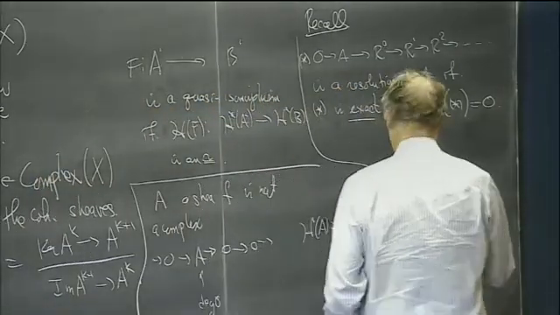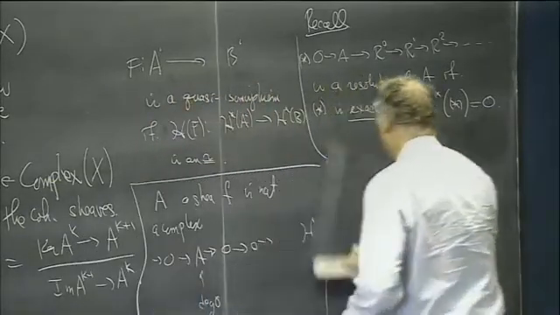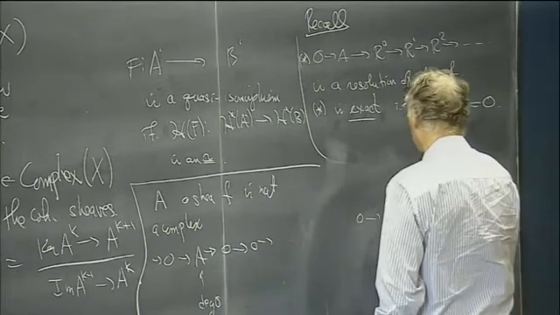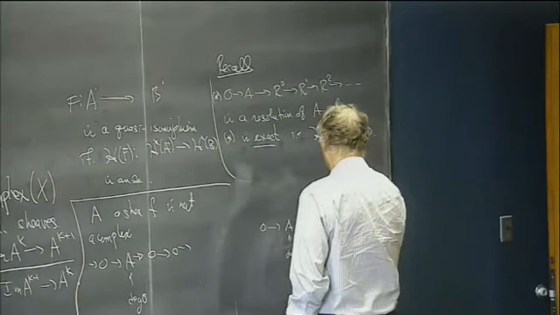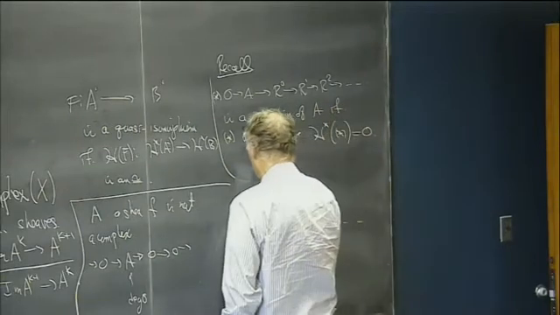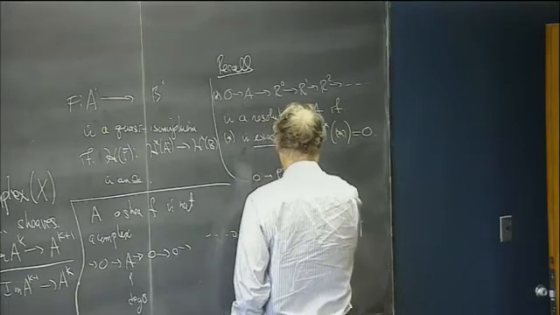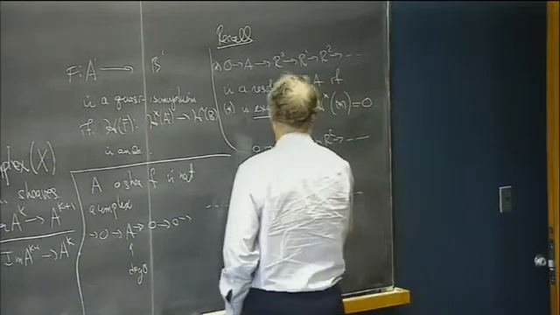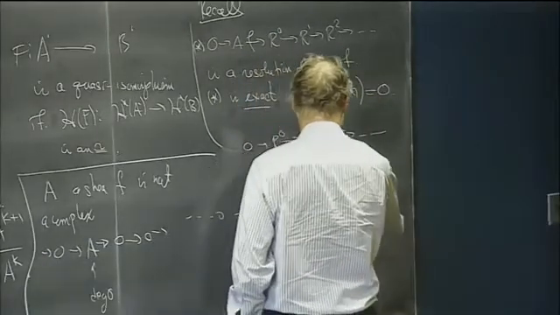Well, we can bend this around a little bit and view this as a quasi-isomorphism between this complex in degree 0 and this complex in non-negative degrees, where this is the map rho, and these are, of course, the 0 maps.